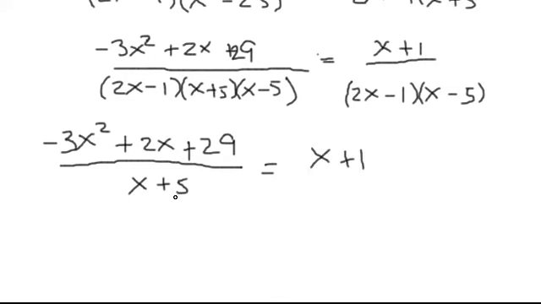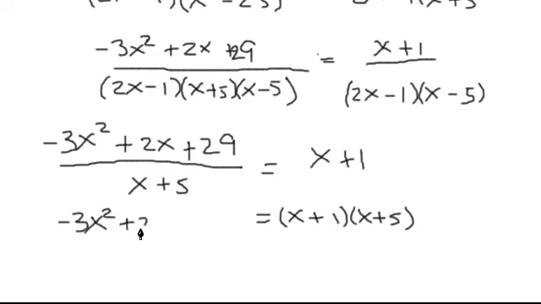So now I can go ahead and diagonally take this x plus 5 up. So this becomes x plus 1 times x plus 5. And then of course we have the minus 3x squared plus 2x plus 29.